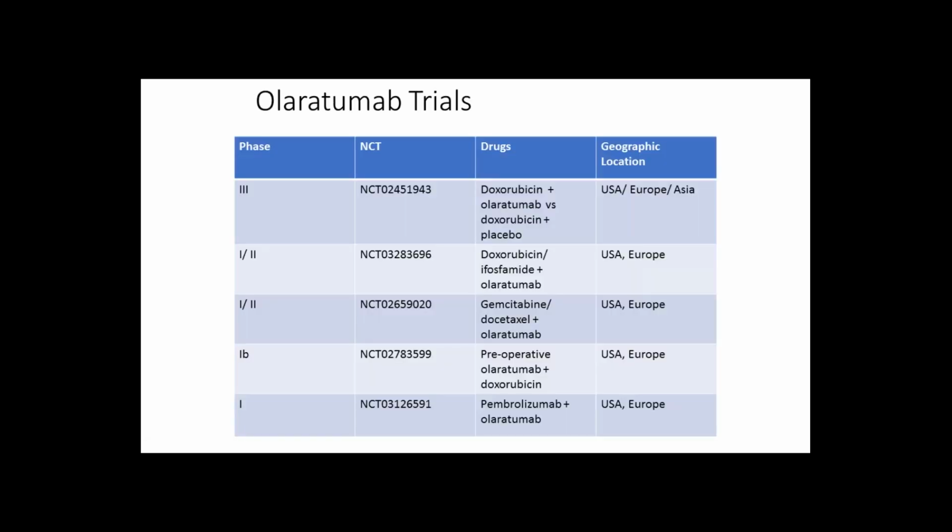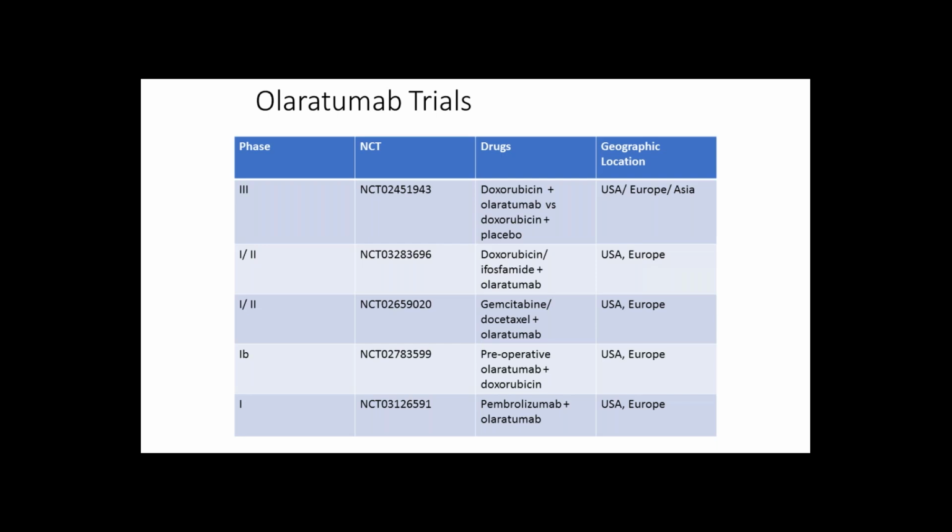So this, as I mentioned, has led to the initial approval of olaratumab. But as Catherine mentioned, there has been a phase 3 trial allocating people to either receive doxorubicin plus olaratumab or doxorubicin plus placebo. This was a multi-center international trial with overall survival as the primary endpoint.